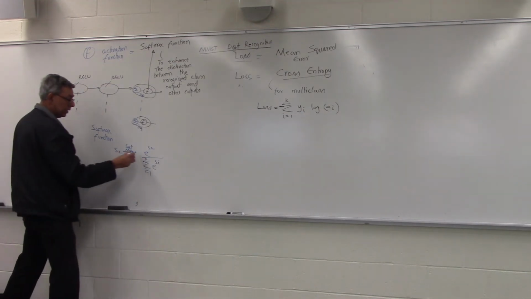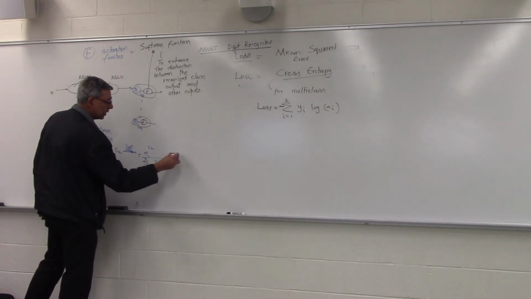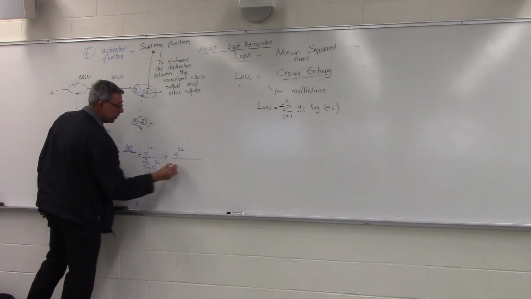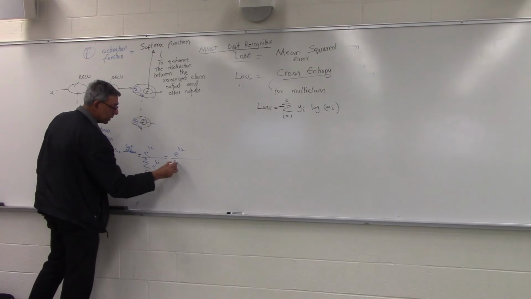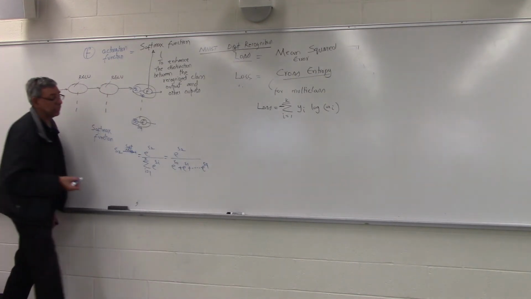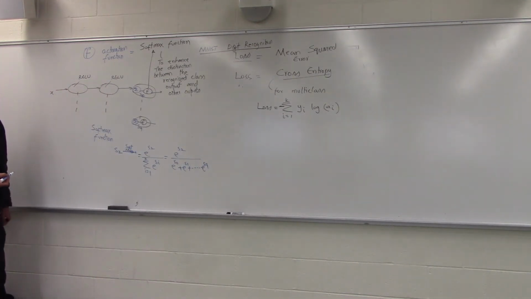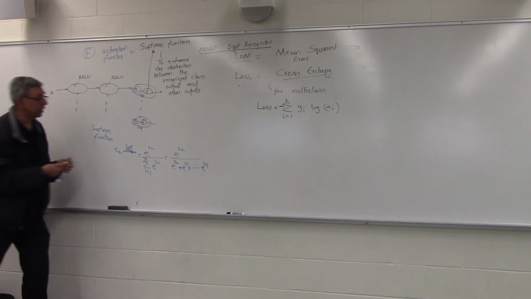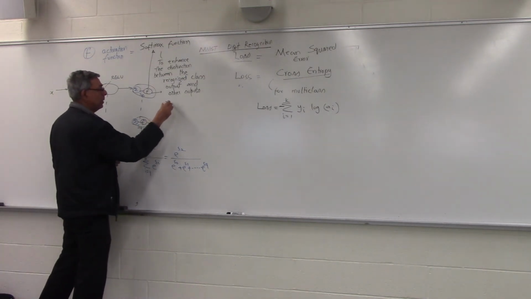Which is, in other words, just to see it clearly, it will do e raised power S0 plus e raised power S1 plus up to e raised power S9 for our 10-digit example. So that's what the softmax function does, right? So the forward pass is easy with the softmax function. So let's take a look at the forward pass.